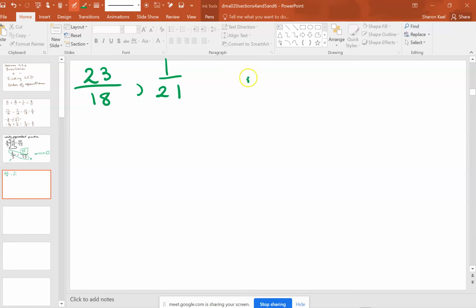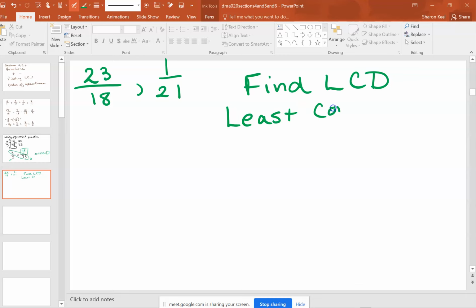In the skill practice that you're going to do, you will not have to do anything with the numerators. All we're looking to do right now is to find the least common denominator. That's what we're looking to do right now, just a skill practice.